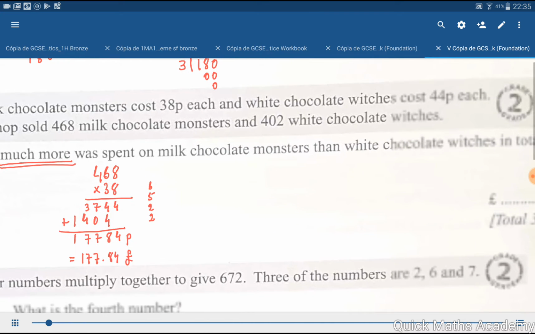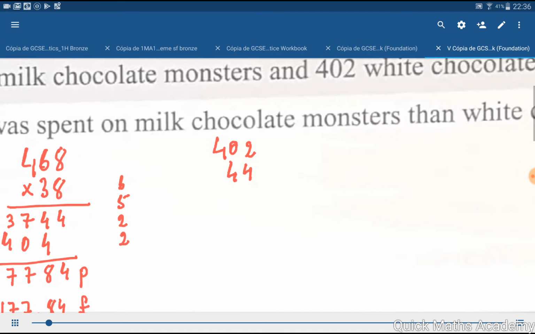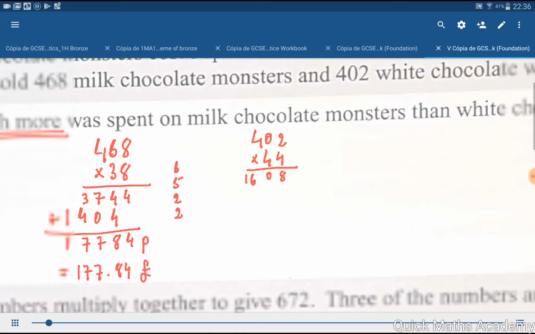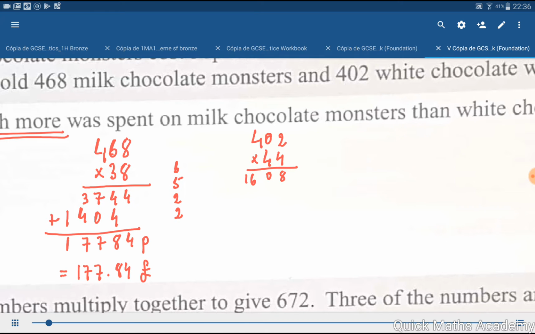Okay, the witches are 402, and cost 44p each. Okay, so 4 times 2 is 8, 4 times 0 is 0, 4 times 4 is 16.